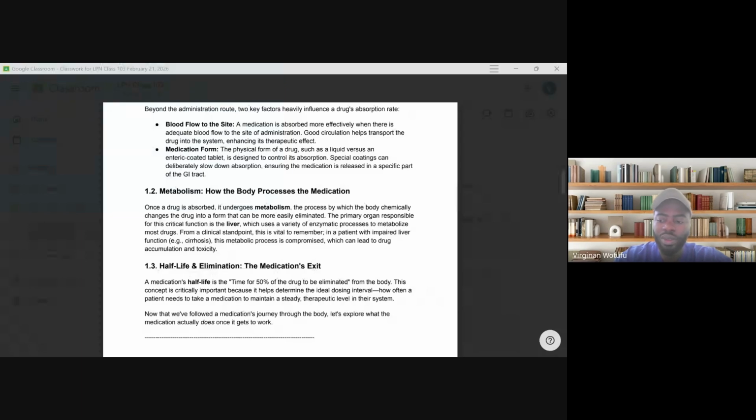So if a medication has a half-life of 30 minutes, after 30 minutes what do we need to give to maintain the steady state, depending on the dose? That's practically what they're talking about here with the half-life.